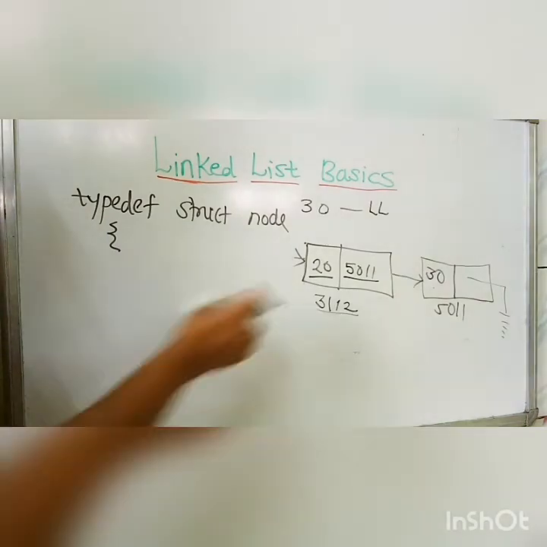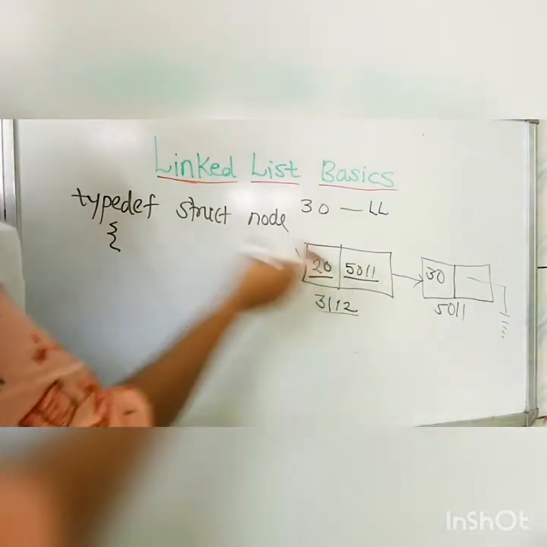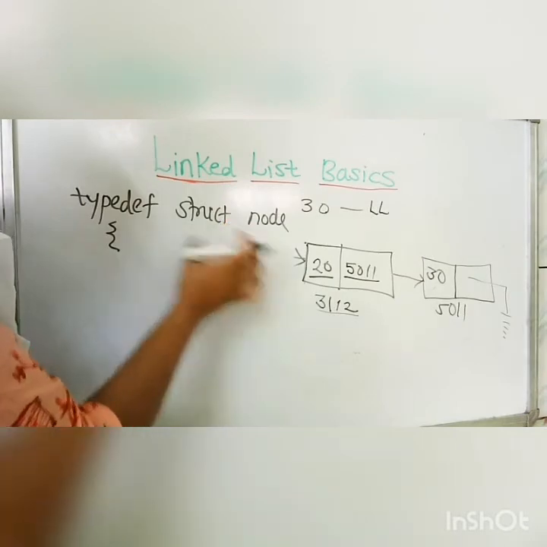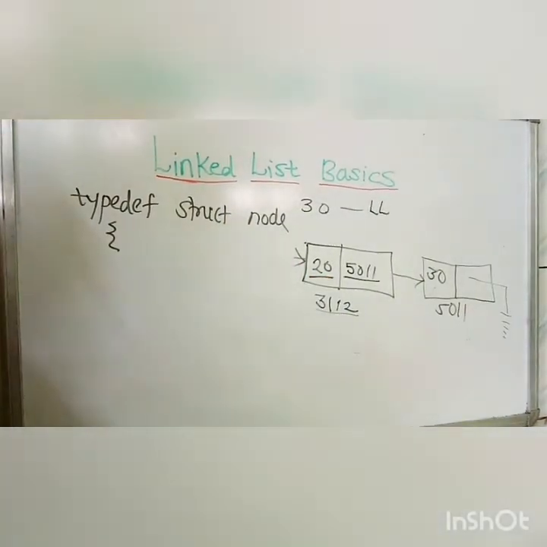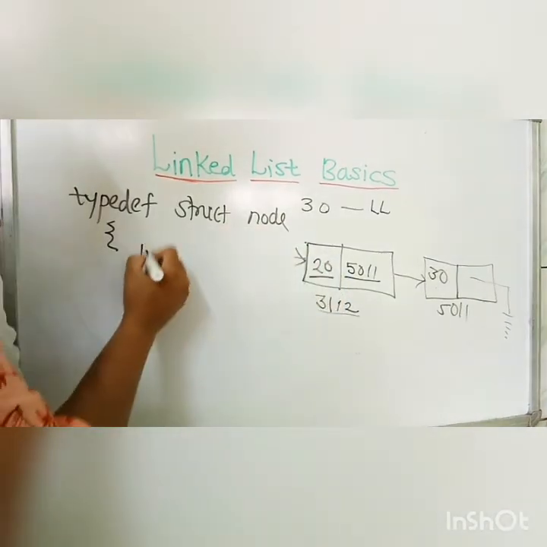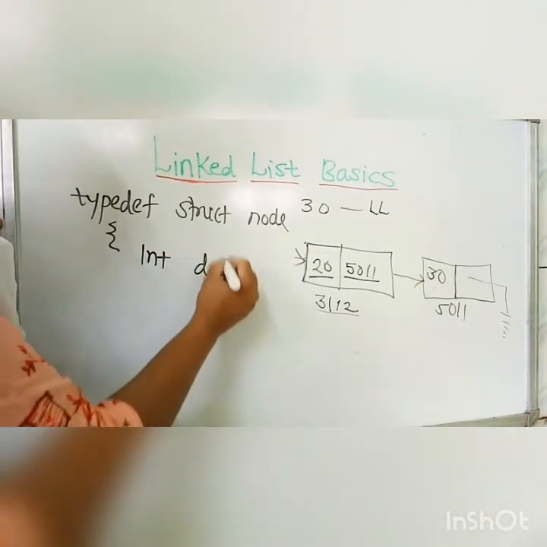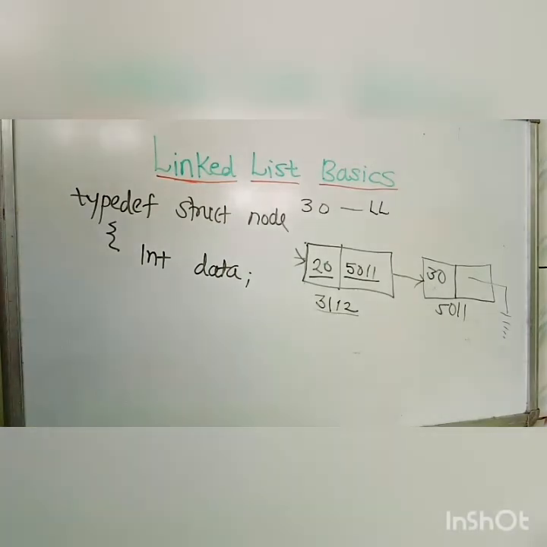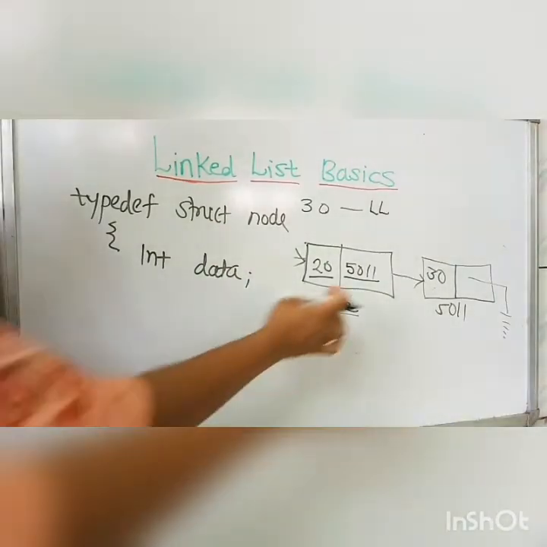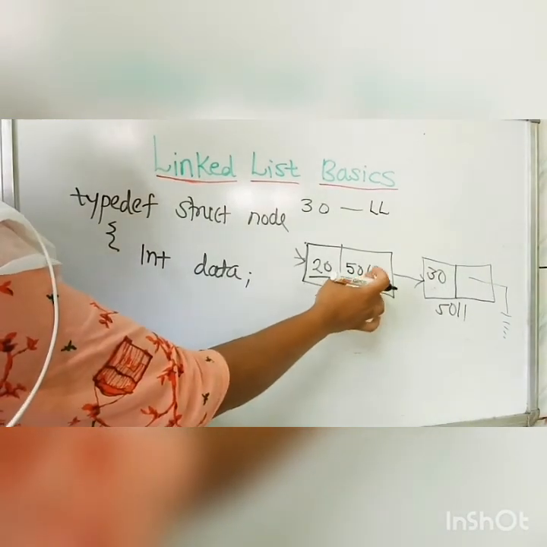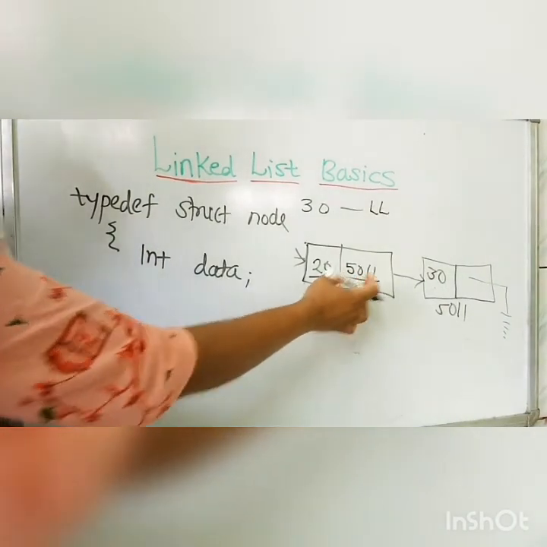First, the data element. As this is a structure, we can create different data type elements in a linked list, but by default we take an integer type. Then next is the address, which is a pointer to store the memory address of the next element.